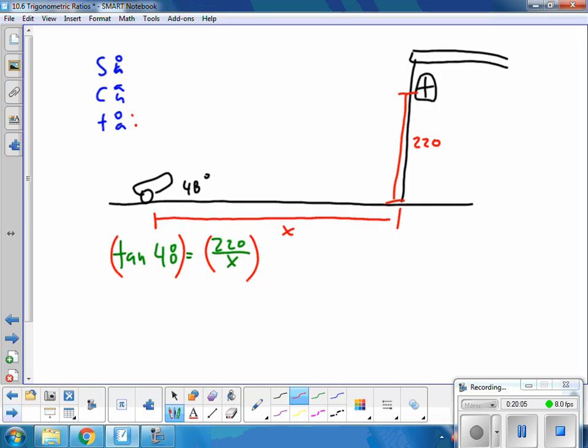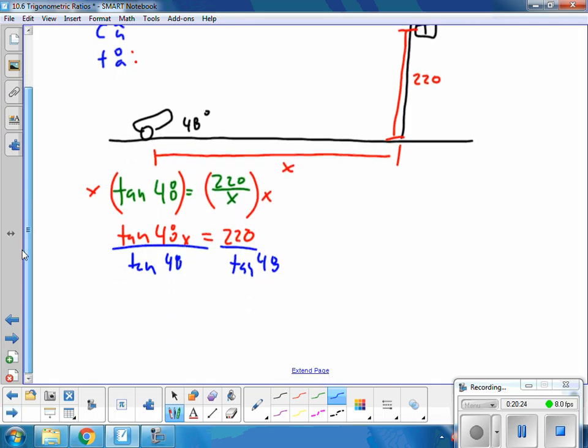I am going to multiply both sides by x, and it lands me at tangent of 48 times x equals 220. I'm going to divide both sides by tangent of 48. Give myself a little room here.